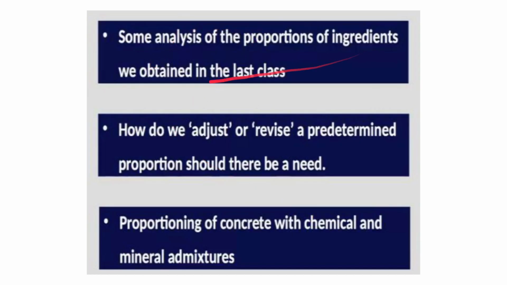Now some analysis of the proportions we obtained in the last lecture: we may need to adjust, say for example, if some site conditions show that some of our properties are not matching our theoretical values. So how do we adjust or revise the proportions so that the actual design is satisfied? We will go through this now, and also see how using admixtures, that is chemical and mineral admixtures, we can further modify and blend the properties.